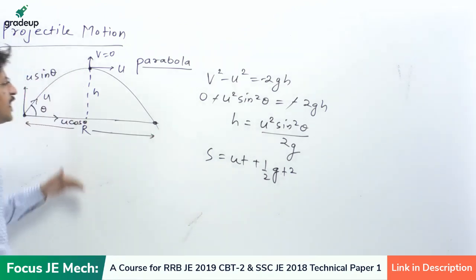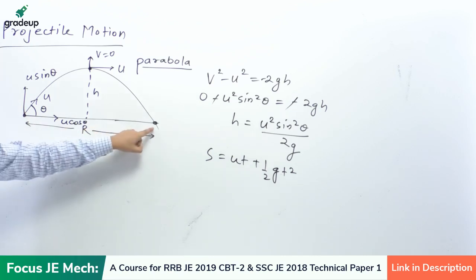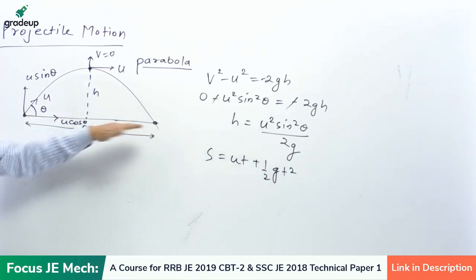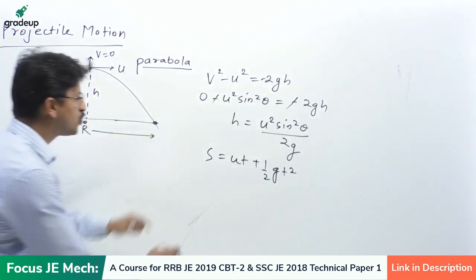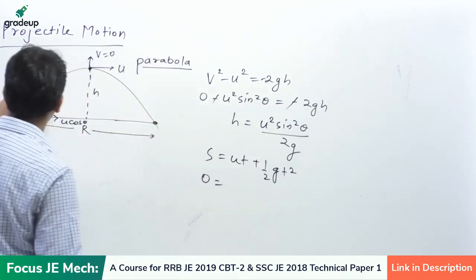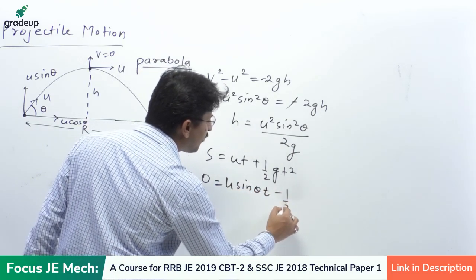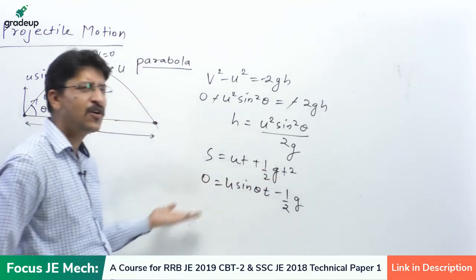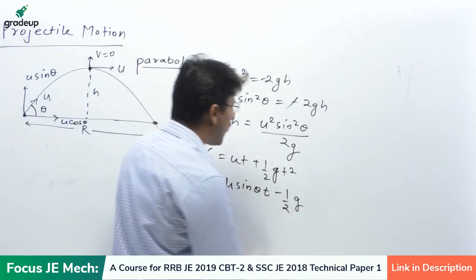Okay, so in the vertical direction, when we are considering, the s will be equal to 0, because at here as well and at here as well, at both the points, your body is at the same horizontal level. So s will be equal to 0. So you have 0 equals u sine theta t minus half gt square. This will again become minus g, because I am considering the force in the vertical direction, and when going in the upward direction, this will become minus.